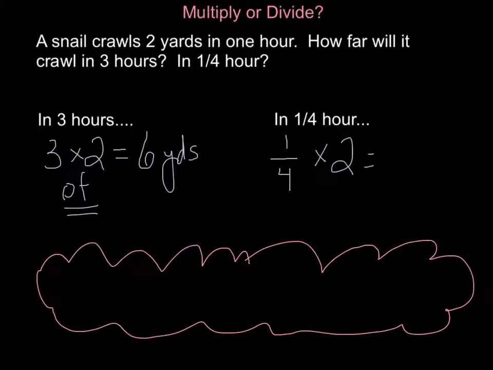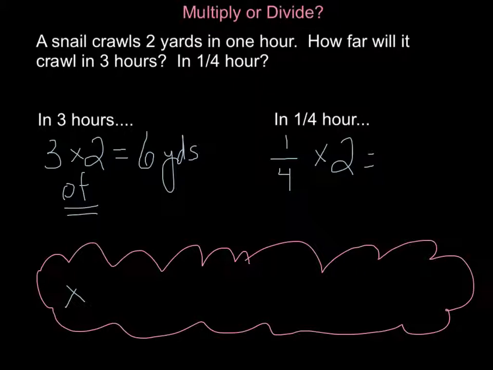So how did we know that we had to multiply here? Well, we're realizing that when we multiply, we're telling how many times we're taking a number. It could be 3 times, or it could be 1/3 or 1/4 times. When we take, say, 1/4 of a number like 2, we're finding 1/4 times the number, right?